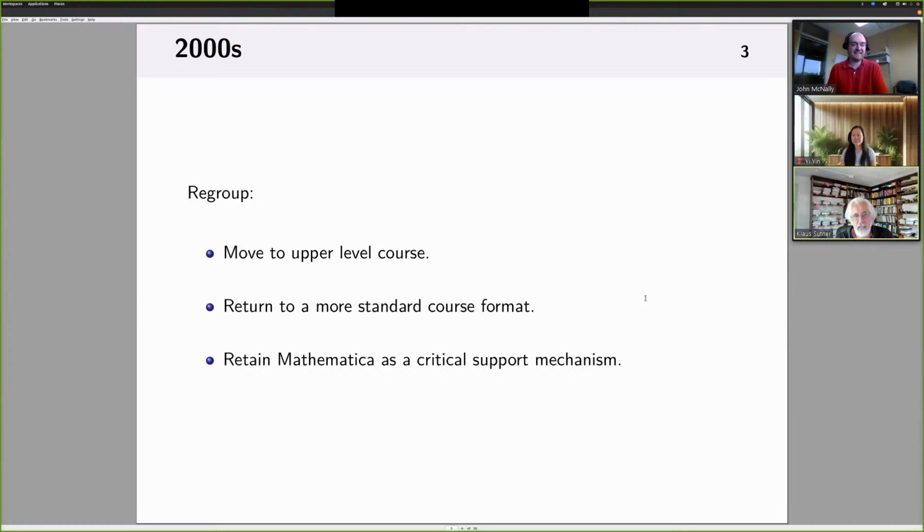And I also grudgingly returned to a more standard course format, which means there's now the lectures that you expect, Beamer slides, let's say, intermixed with demonstrations with Mathematica notebooks. The exams are no longer notebooks and so forth. So it drifted sort of back to the more standard format. But in the background, it's all Mathematica all the way.